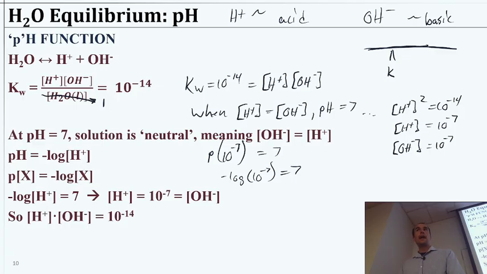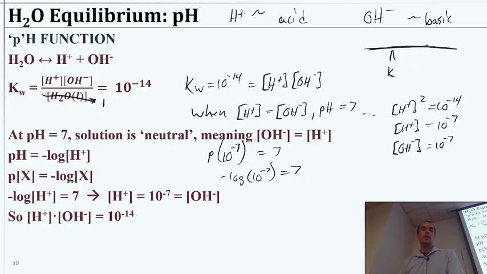All right, so if I ask you to solve for the H plus concentration of a solution that's pH 4.3, can you do it? Okay, some of you yes, everybody yes. How about the OH minus concentration if I tell you the same thing? That would make you use this equilibrium constant.